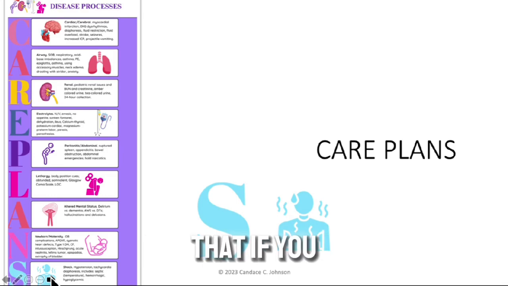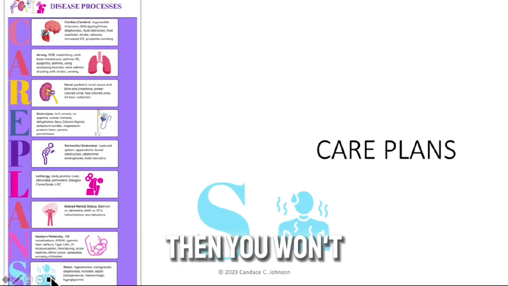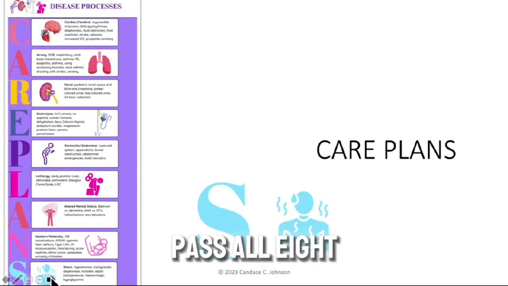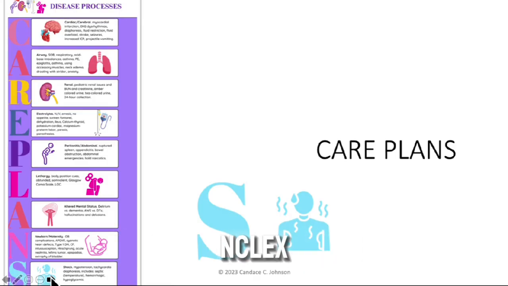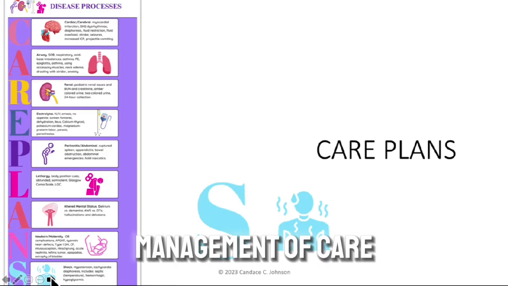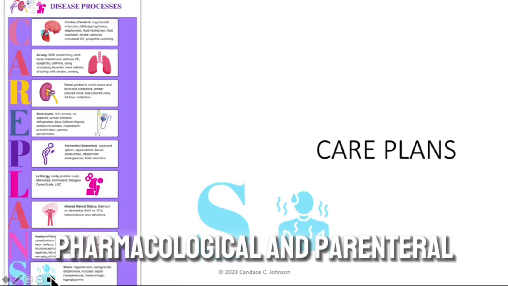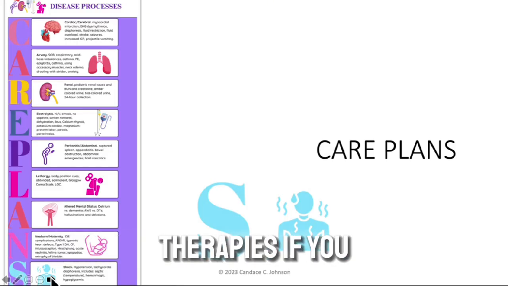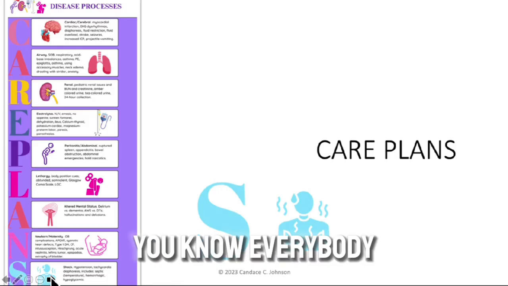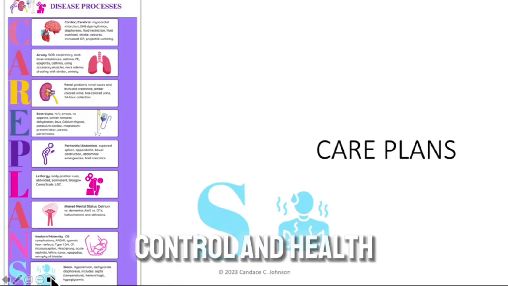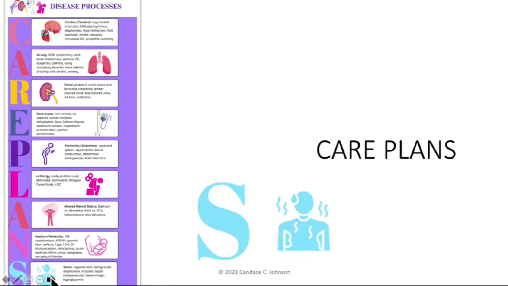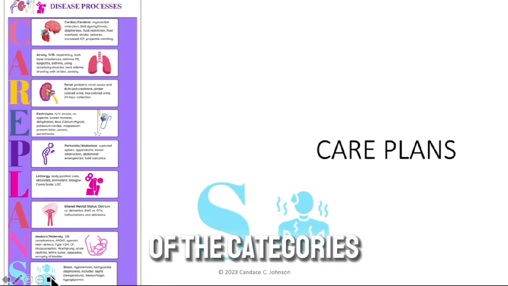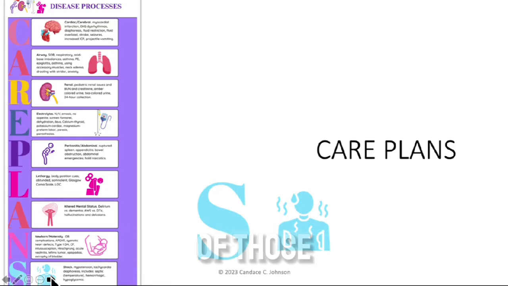And you'll find that if you don't earn enough points moving throughout this test, then you won't be able to pass all 8 sections of the NCLEX, right? Management of care, pharmacological and parenteral therapies if you're RN. Everybody gets safety and infection control and health promotion and maintenance. All right, so that's just to name a few of the categories. So you have to pass all of those, right?